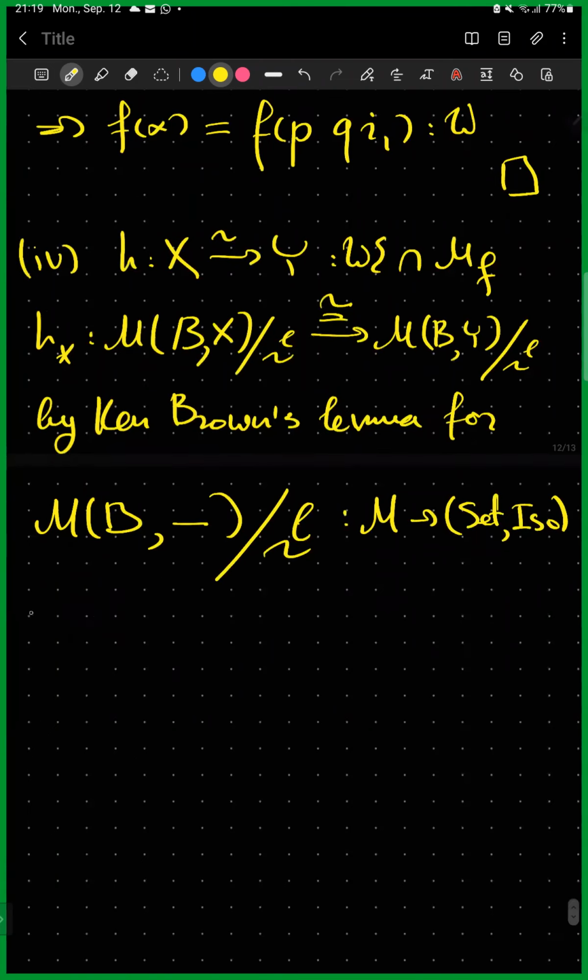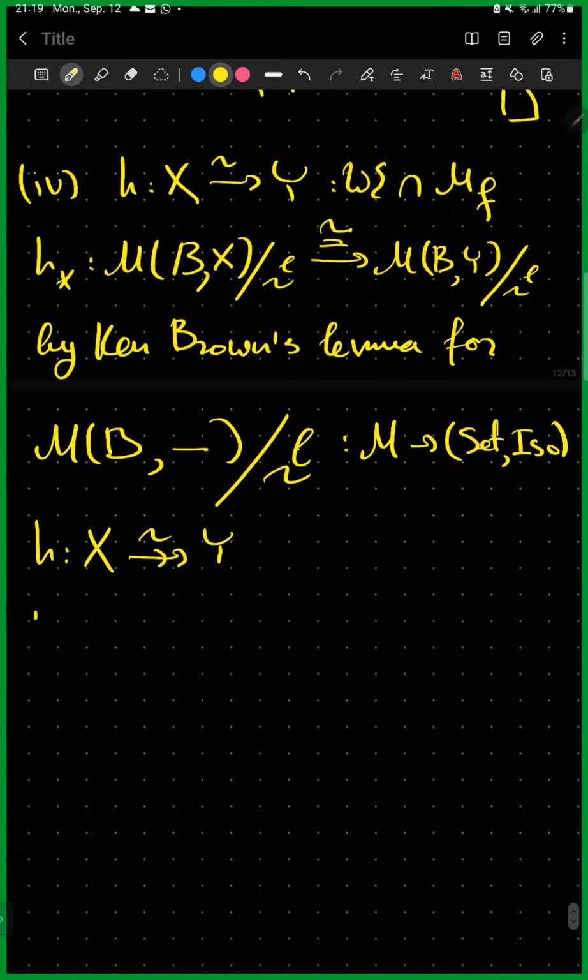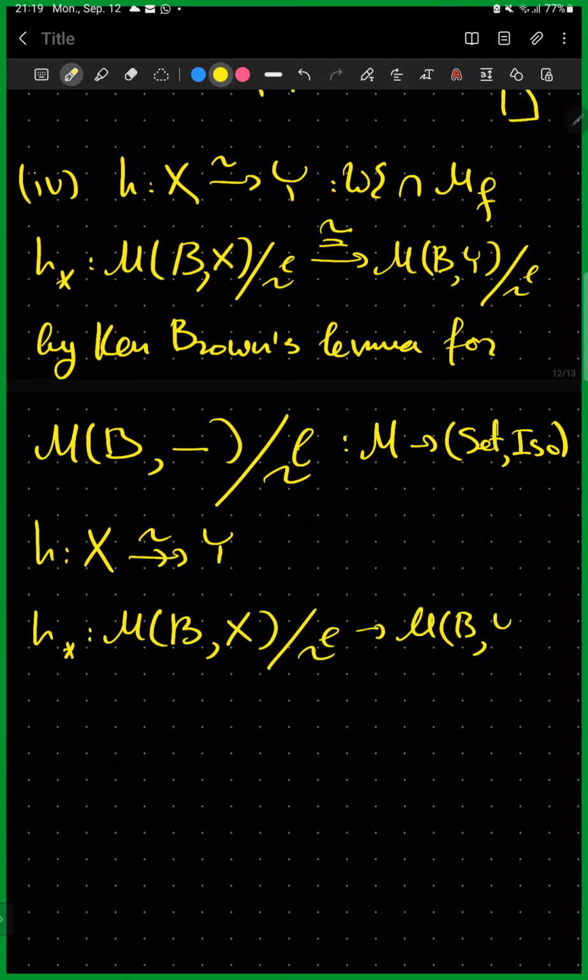So now we can assume that H is a trivial fibration, and we need to prove that H star, which goes from this set to this set, is a bijection.